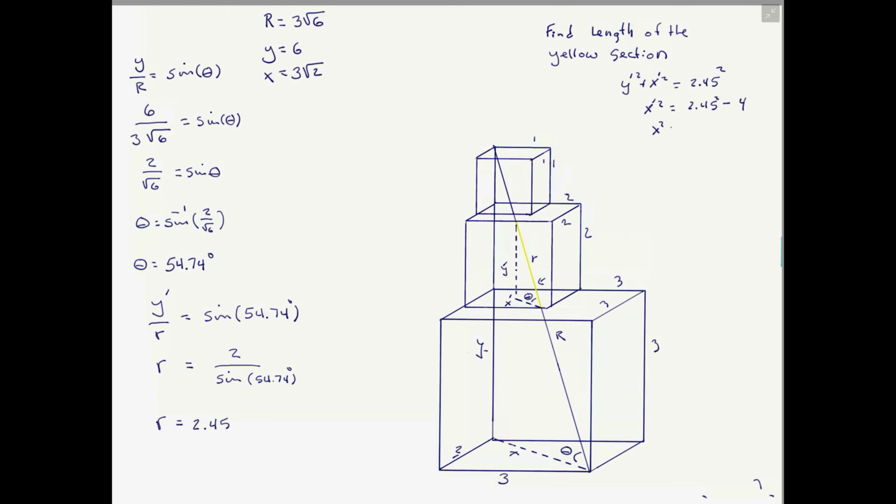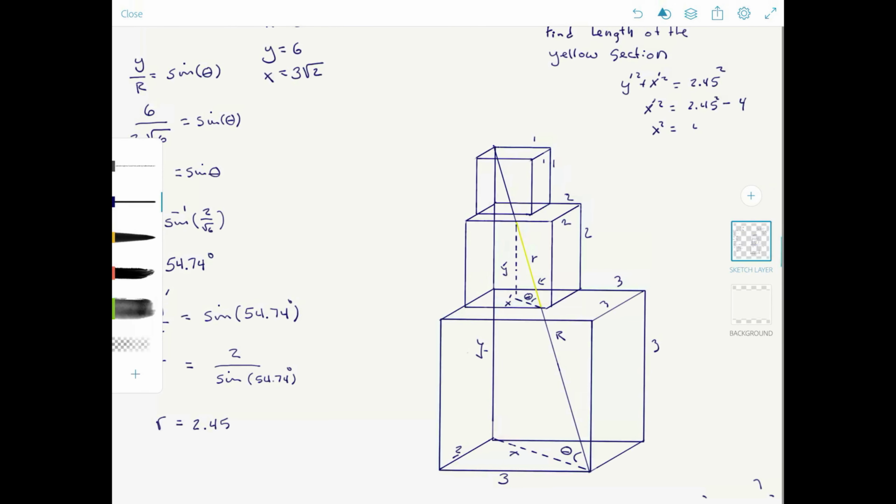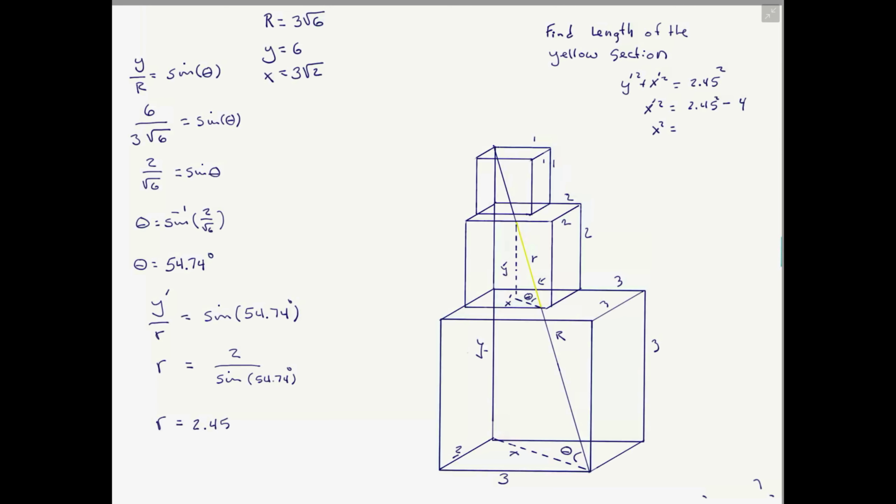Y prime squared plus x prime squared equals 2.45 squared. So x prime squared equals 2.45 squared minus 4, because 2 squared is 4. And so we square that. That's 6 minus 2 equals 4. So x squared equals 4.